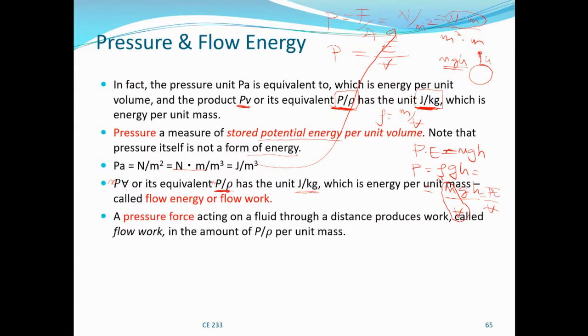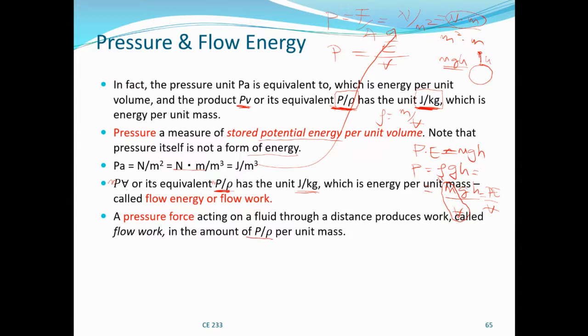But what is exactly the flow energy? The pressure force acting, we talked about the pressure force and how to find it, isn't it? The pressure force acting on a fluid through a distance produces work. Whenever you have pressure force acting on a fluid through a distance, it produces work, because work is simply force times the distance moved, and it is called flow work in the amount of P over rho per unit mass.